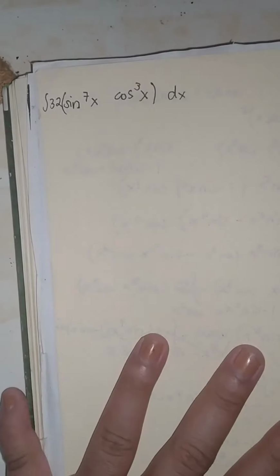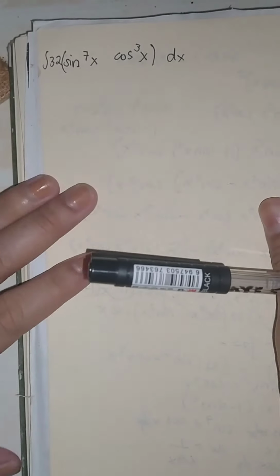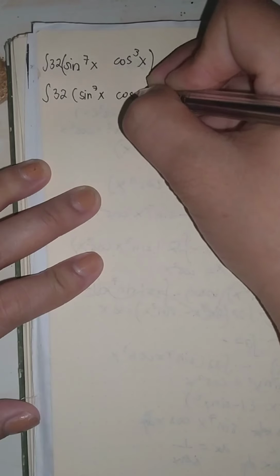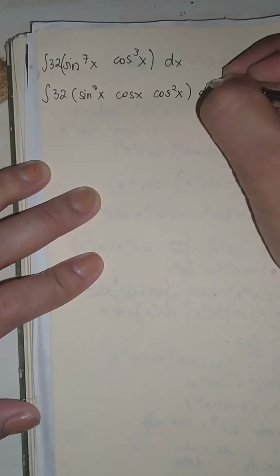So let's go on another page. Hello again, guys. So we have this one. The other part is this one, same procedure: 32 sine raised to 7 x cosine x, and then cosine squared x dx.